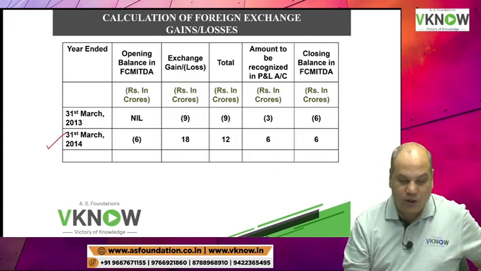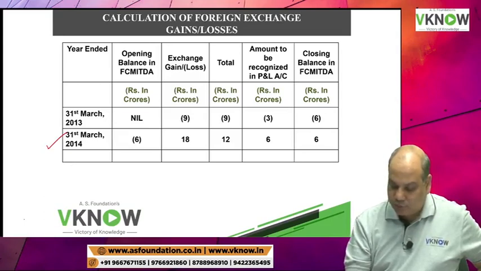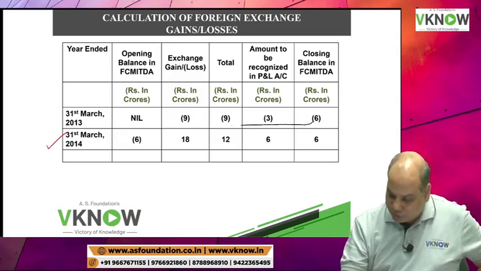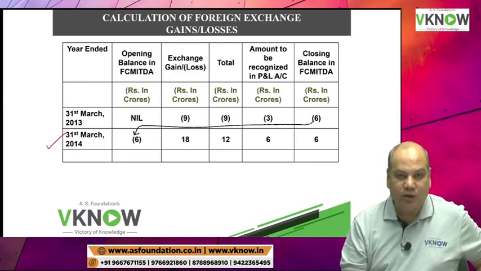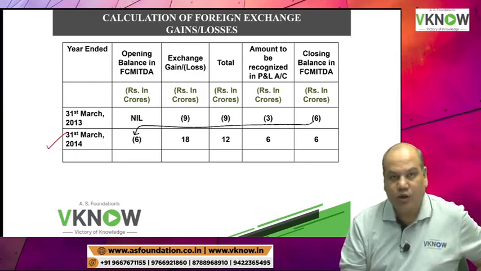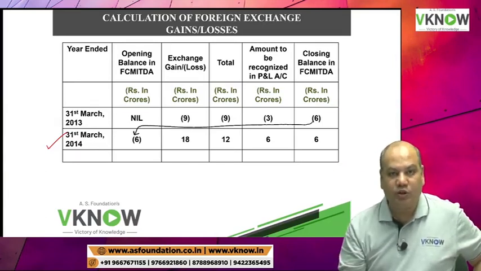So next year write down 31st March 2014. This 6 crore I will bring it here and now I will check what happened. So my exchange rate has gone down by 2 rupees now.